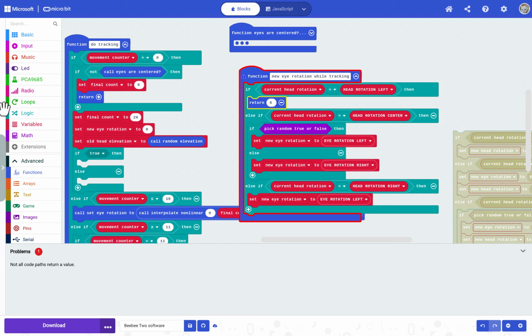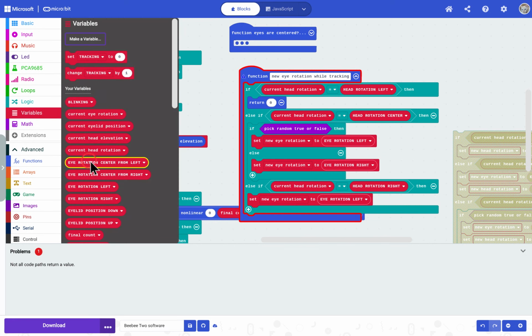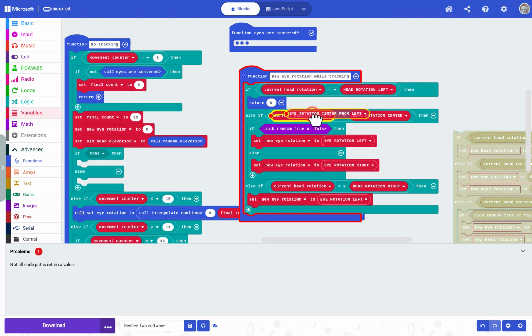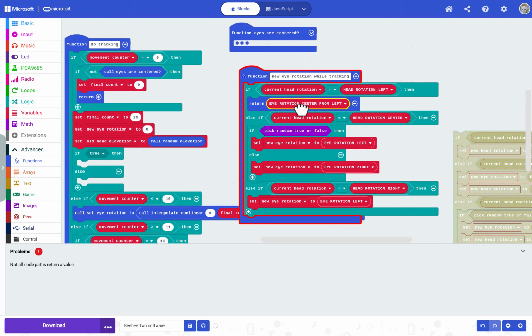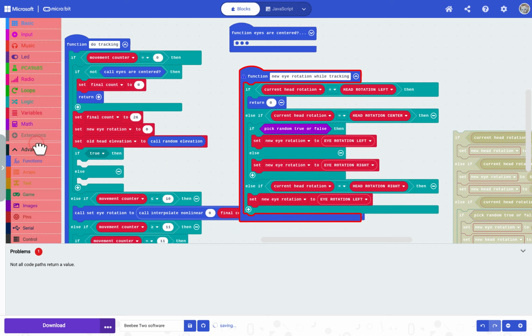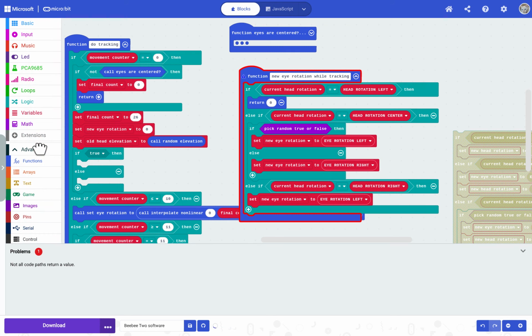The one we want is, head is over to the left, we want our eyes to come back towards center. Right? Okay. Eye rotation center from left. No. Eyes are already centered. If our head is to the left and we're looking straight, we want to look to the right.